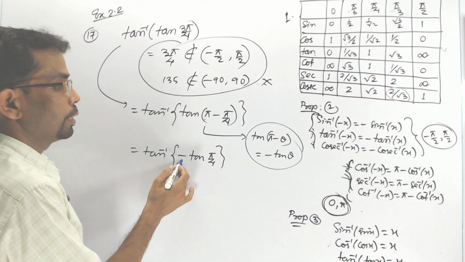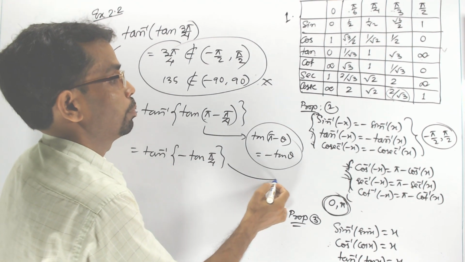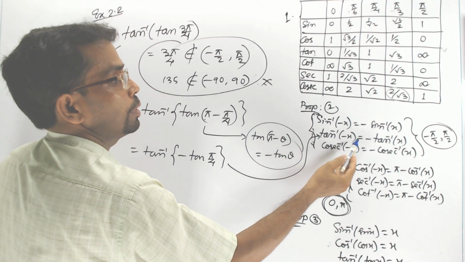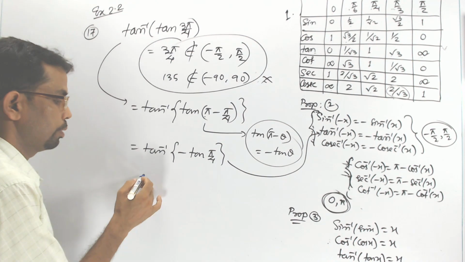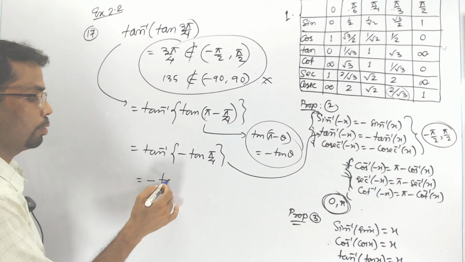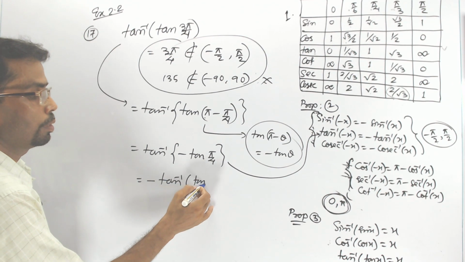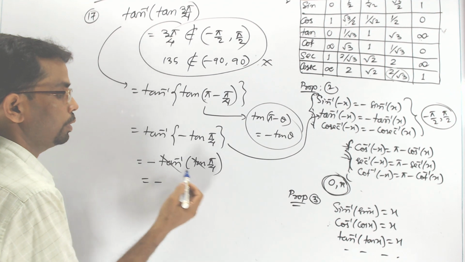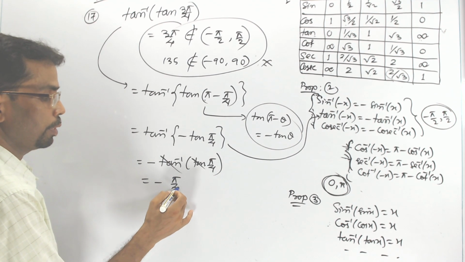Now tan inverse of a negative, we must see the property of negative value of x. Tan inverse of negative x is minus tan inverse x. So according to this property, minus will be taken out, minus of tan inverse tan pi by 4. And then if we cancel by this property, tan inverse tan cancel, the answer is pi by 4.